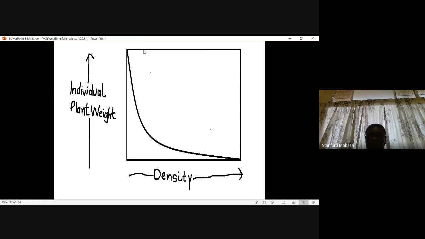Once it is joined by other plants, intraspecific competition starts. Then the plants become smaller and smaller as the numbers of plants are increased. So the performance of an individual decreases as you increase the density.